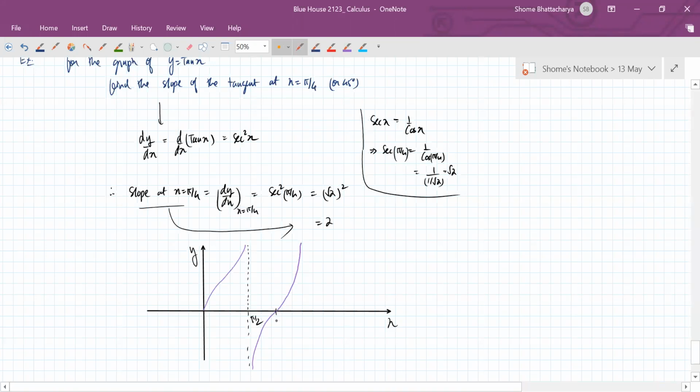And in the third quadrant, again, it goes from 0 to infinity. And this is how the graph progresses. Okay. So our pi by 4 point is somewhere here. If we draw a tangent at this point, it should be a straight line like this. So this line has a slope equal to 2. This is what we interpret this instantaneous rate of change at the point x equal to pi by 4 as.